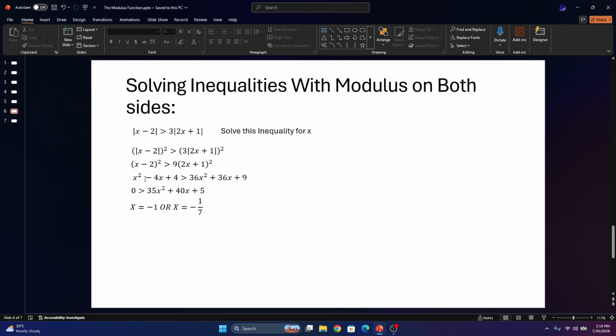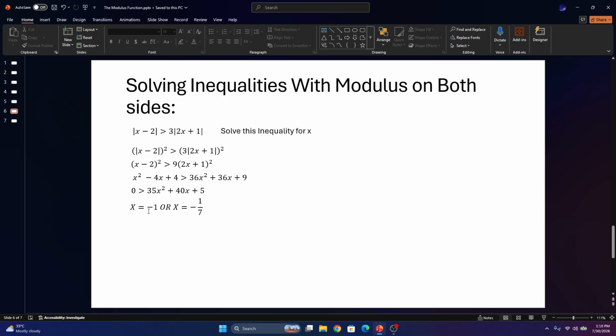So we are just going to get a quadratic expression in an inequality, and we're going to solve it till we have 0 on one side. We're going to move this expression over to that side. So basically x squared is going to get minus from here, while 4x is going to get added here, and then this 4 is going to be subtracted from this 9, and we are going to get this quadratic expression which is less than 0.